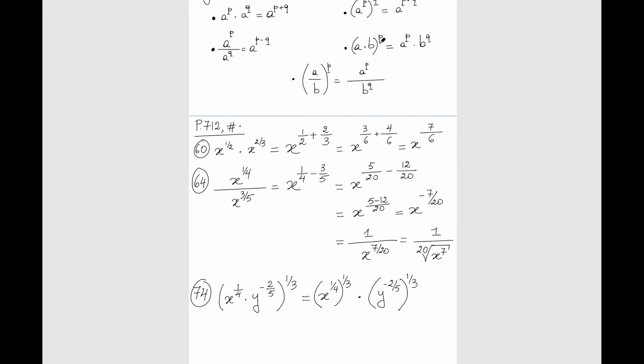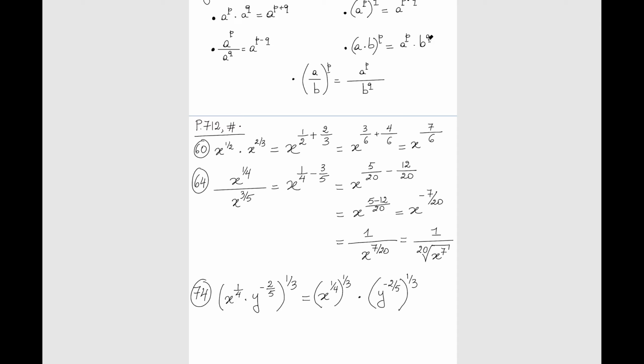I used this property, which is the power of a product, because the nature of this base is a product, and I have a power. So a is this guy, this is the b, and the p is that. So I get a to power p times b to power p.